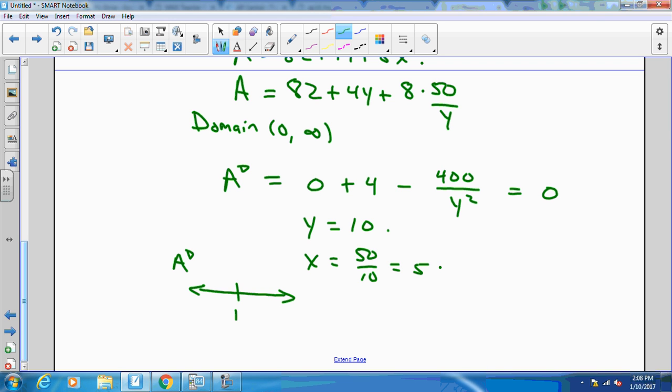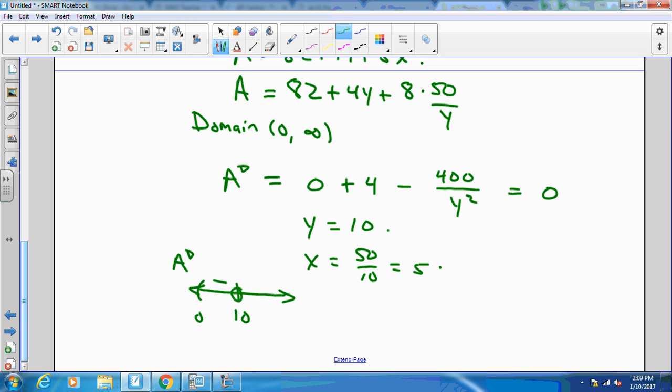To check that, we need to make an argument from the sign of A prime. So I'm going to take a y value that is less than 10, how about 1, and plug it in. And when I plug it in, I get 4 minus 400. That's definitely a negative number. And I'm going to take a y value that is larger than 10, 100.